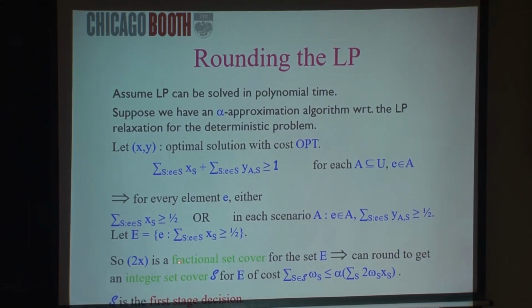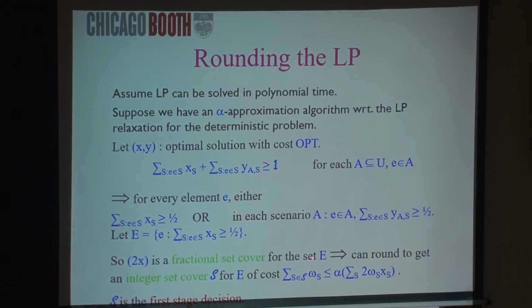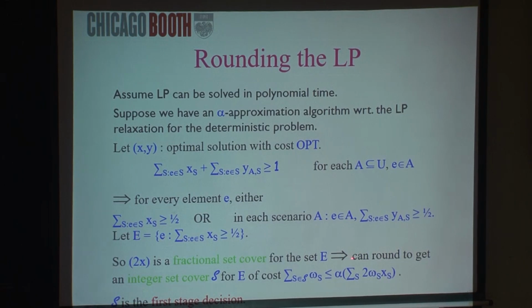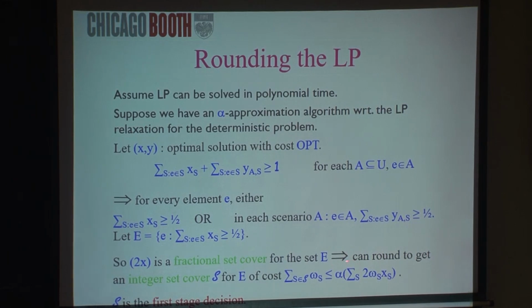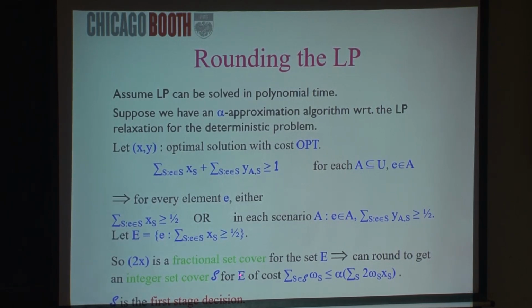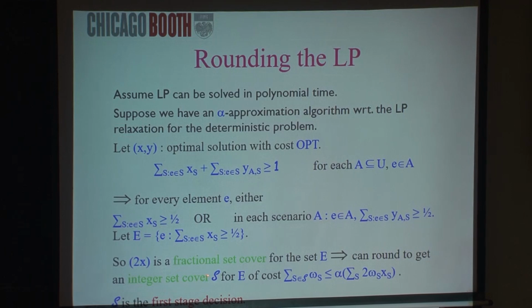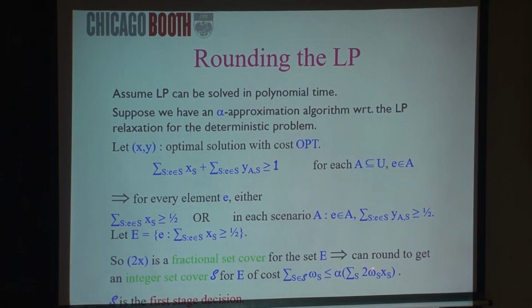So 2 times x is a fractional cover for the set of all these possible outcomes. That means I should be able to round any of the integer set covers at a cost that's at most 2 times x. If I have any integer set cover, I should be able to round it at a cost of at most 2 times x.